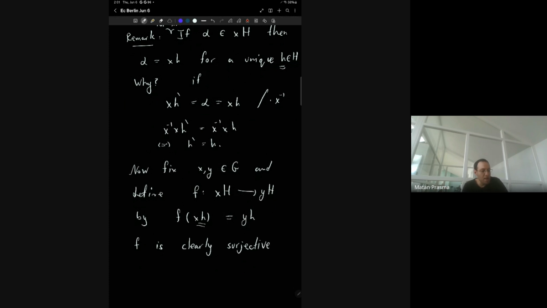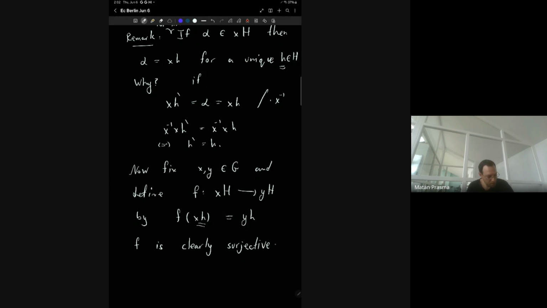Right? Because every element in the coset yH is being hit by an output of the function f. I mean, the function f covers all the range, all the target coset yH. Take an element in the target set yH. How does it look? It looks like y times small h.